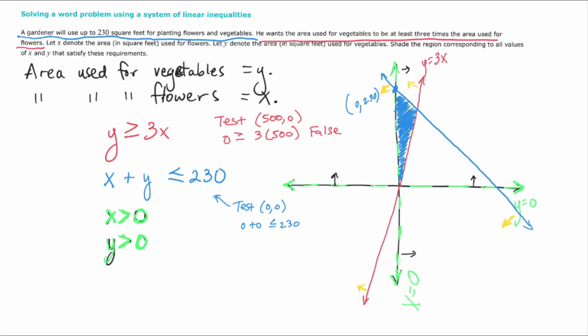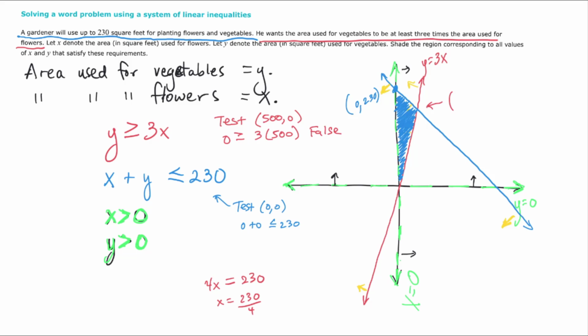It'd be nice to label the corner points. It'd be nice to know what this point is. What is that point there? Let's see, y equals 3x. So 4x is now equal to 230. So x is 230 over 4.